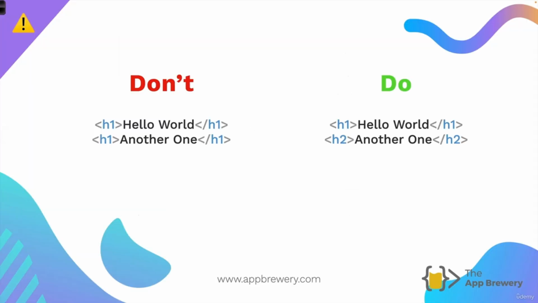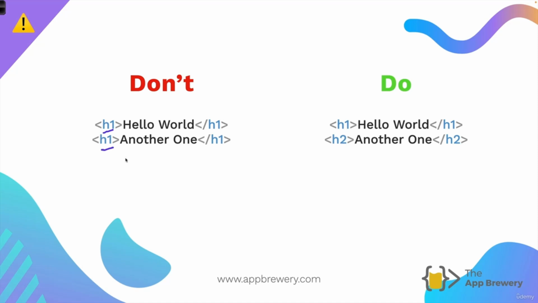There's a couple of things to note in terms of do's and don'ts when it comes to heading elements that I want to talk to you about. One important rule is notice how in our exercise there was only one H1. It's not good practice to have more than one H1 because the H1 is the very top level heading.